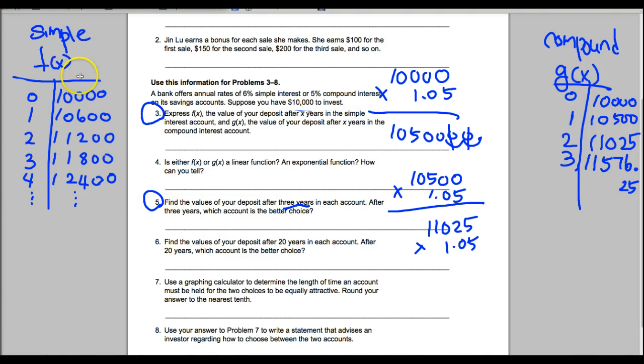Of course, the choice for simple is better, because in the 3rd year, your balance would be 11,800 versus if you went with this bank with the compound interest, your money would have grown to only $11,576.25. Okay, so we already answered this one.